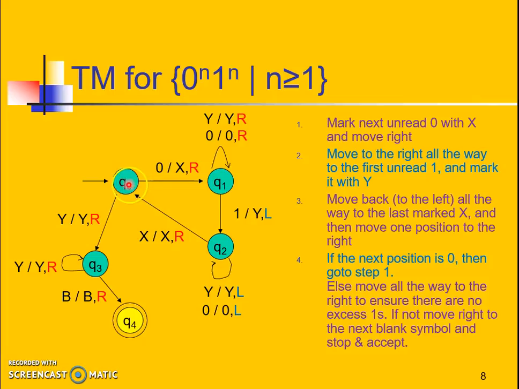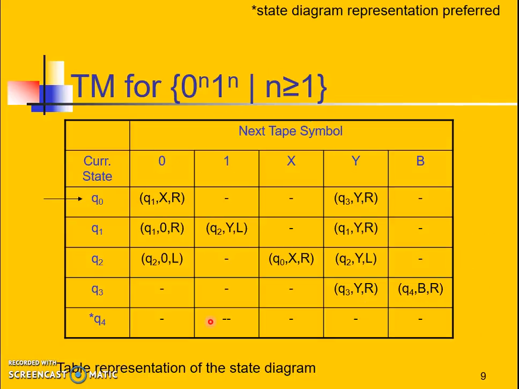When it is in q0 and encounters Y, Y is replaced with Y, and the tape head is moved right, moving to q3. When it is in q3 and encounters B, B is replaced with B, the tape head is moved right, and q3 changes to q4. Here q4 is the accepting state or final state.